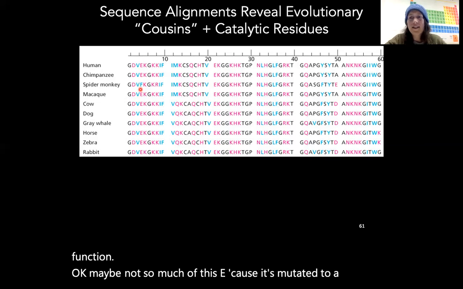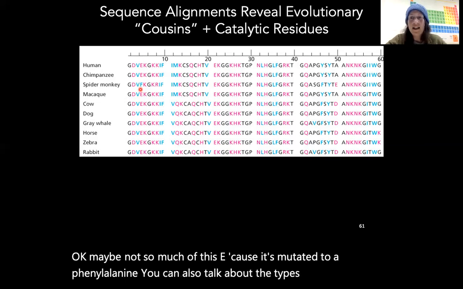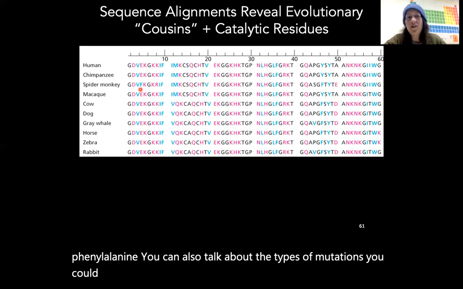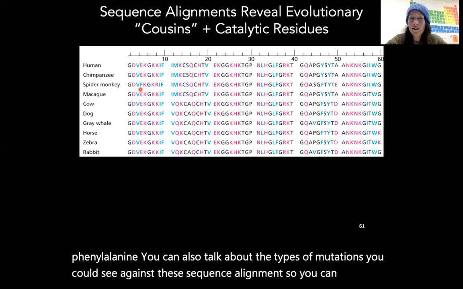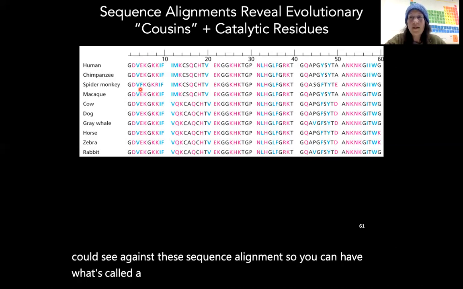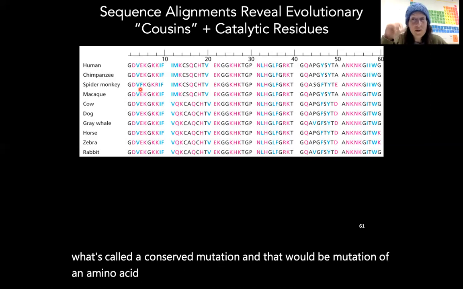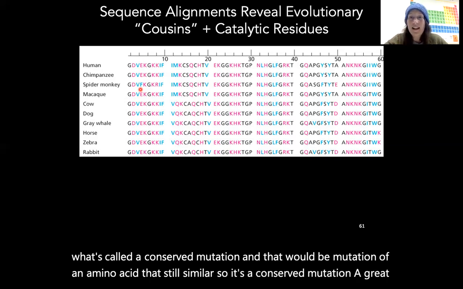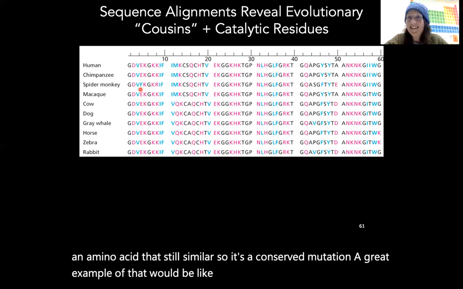You can also talk about the types of mutations you could see against these sequence alignments. So you can have what's called a conserved mutation, and that would be a mutation of an amino acid that's still similar. A great example of that would be like a D to an E, right? Those are practically the same amino acid side chains.